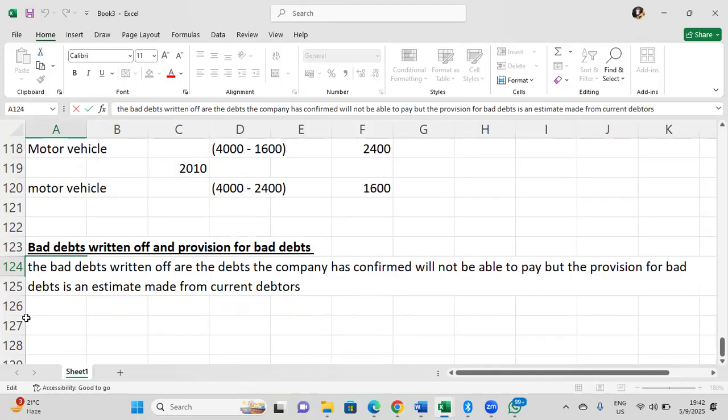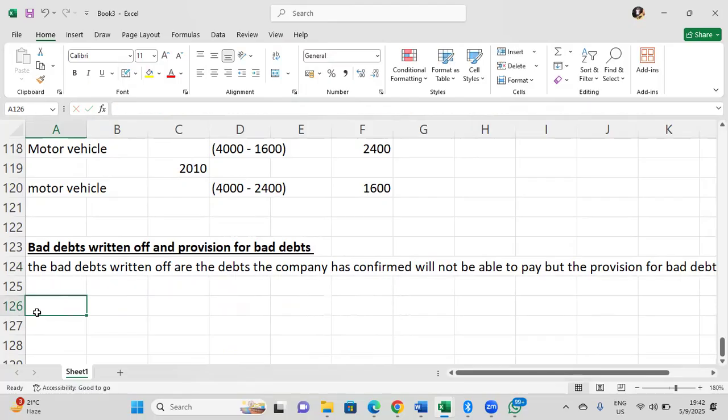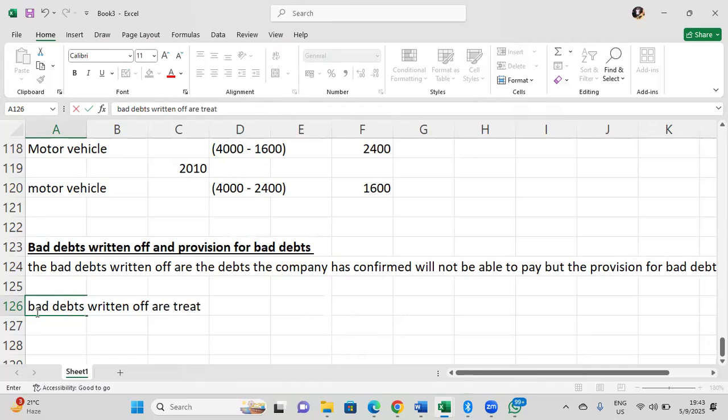So we've mentioned that the bad debts are an expense. So we can say the bad debts written off are treated as expenses.